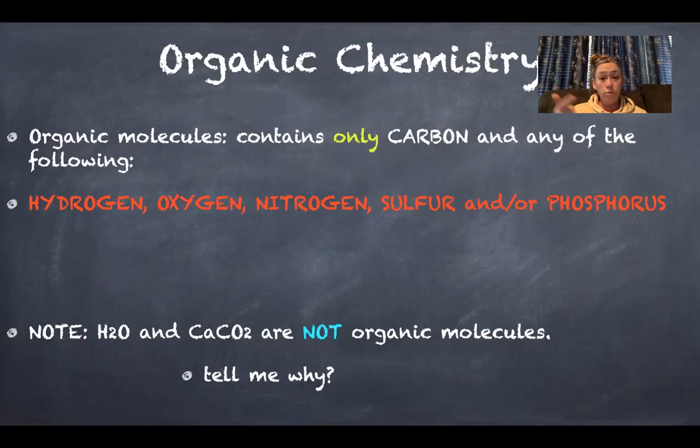O, oxygen, we have our oxygen, and that's in that list of red elements, but calcium is mixed with it. It has to be carbon and one or more of these things, but not anything else. So because it contains calcium, it's not an organic molecule. And water is not an organic molecule because it does not contain carbon. Okay? Just a couple things.